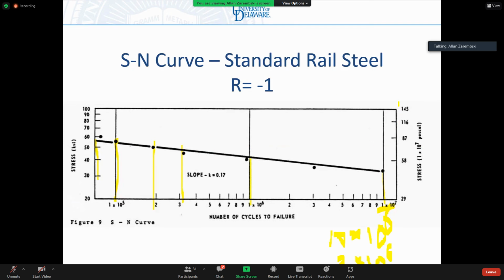So if I was at 250 megapascals, which was over here, my number of cycles to failure will be down in the 10,000 range.